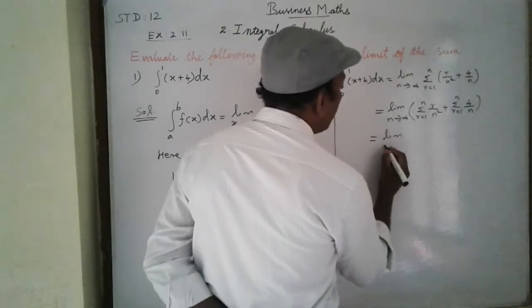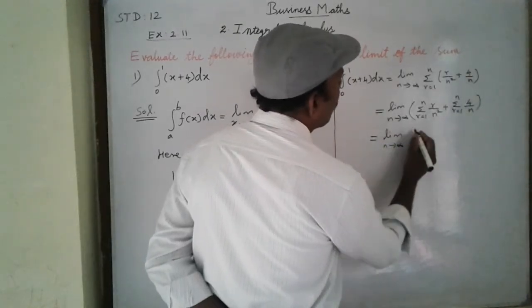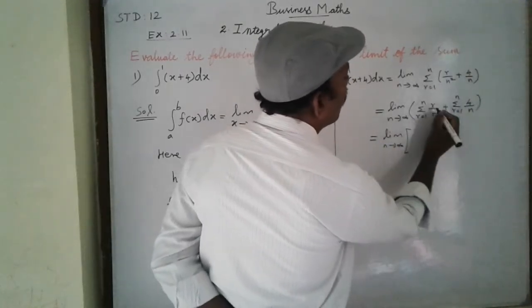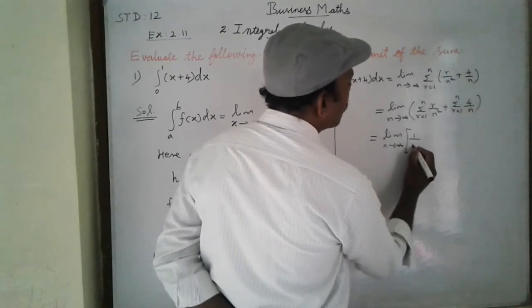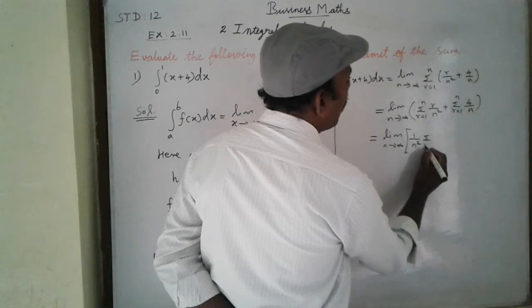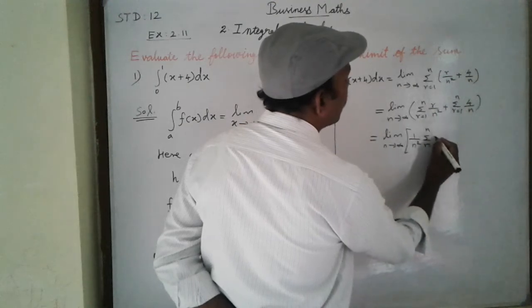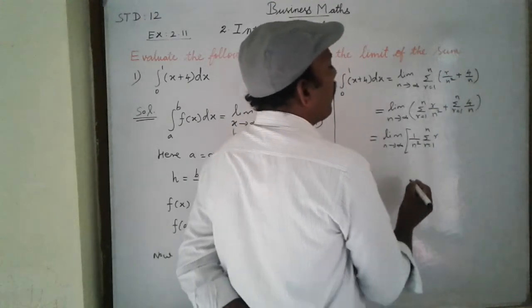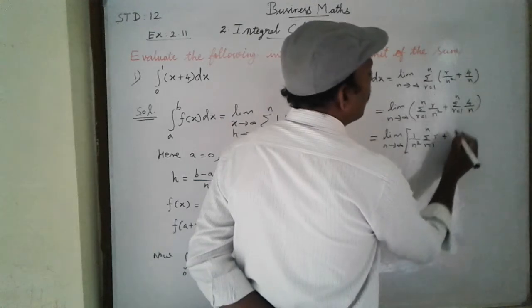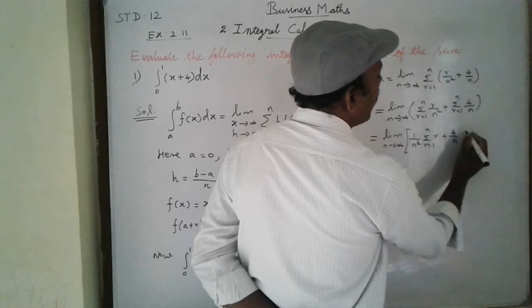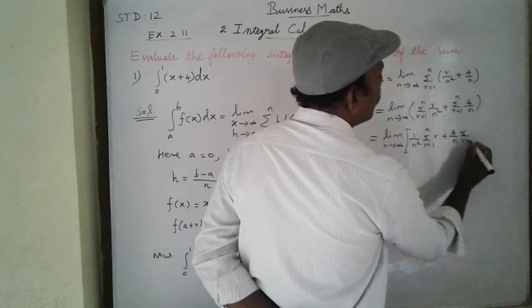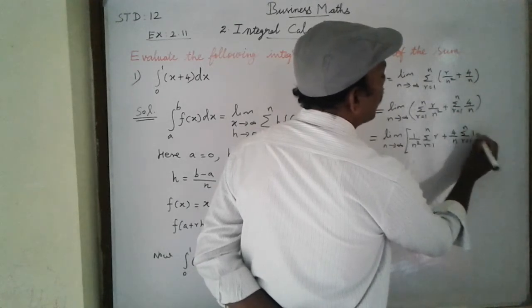Equal to the limit as n tends to infinity. 1 divided by n square is a constant, so take it out: 1 divided by n square sigma r equal to 1 to n of r, plus 4 by n is a constant, take out 4 by n sigma r equal to 1 to n of 1.